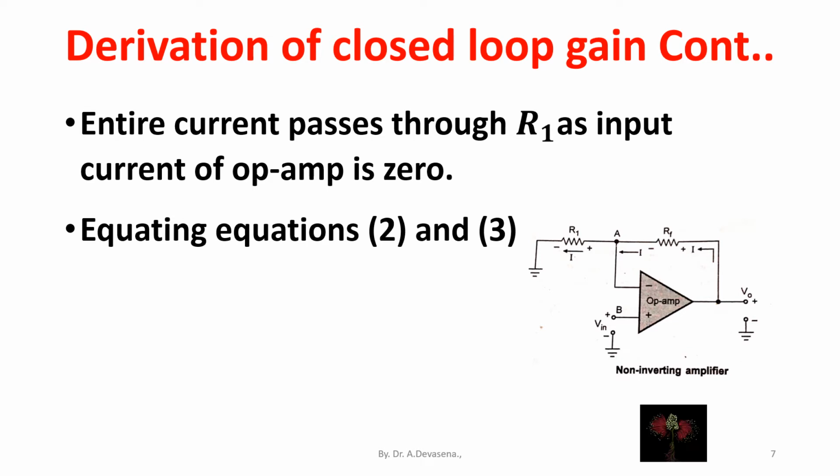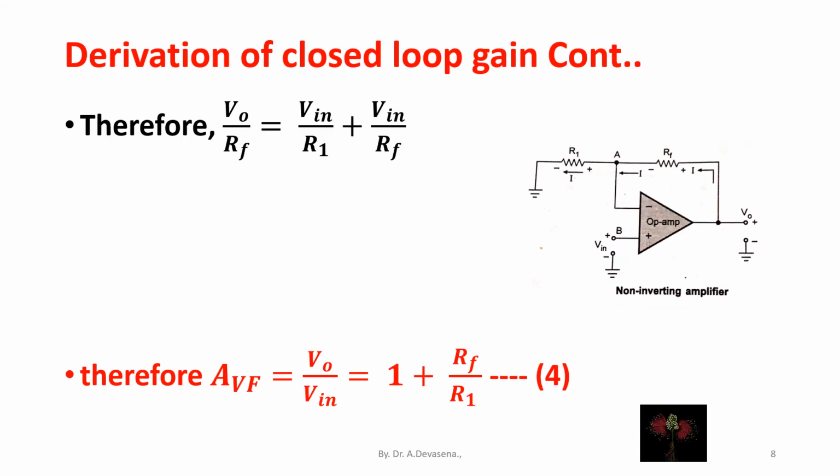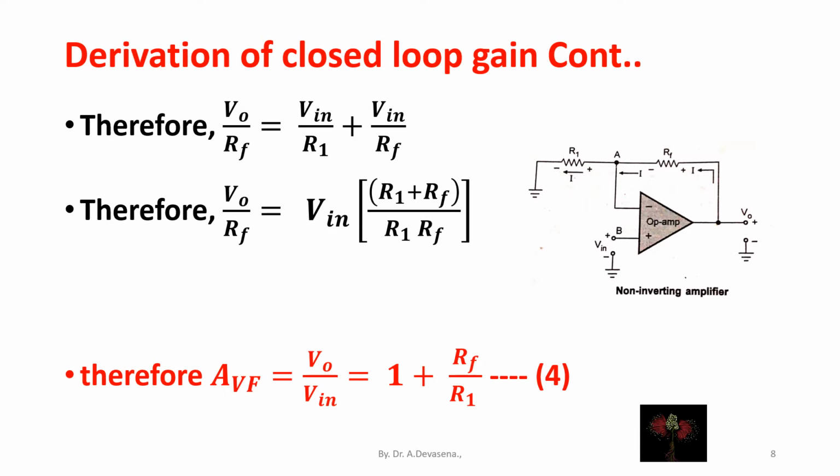Now, equating equations 2 and 3, we have V0 minus Vin divided by Rf is equal to Vin by R1. That is, V0 by Rf is equal to Vin by R1 plus Vin by Rf.